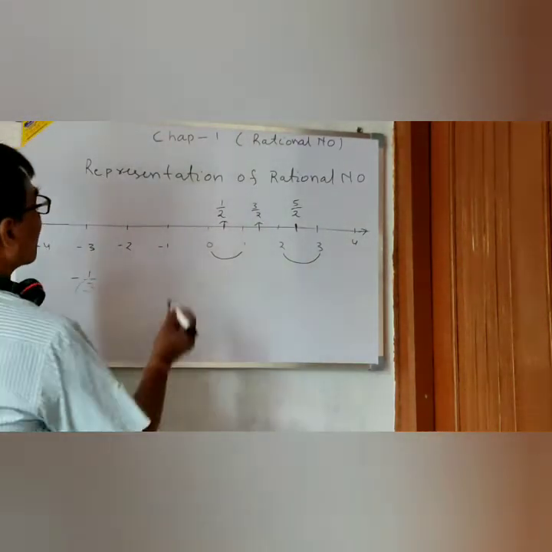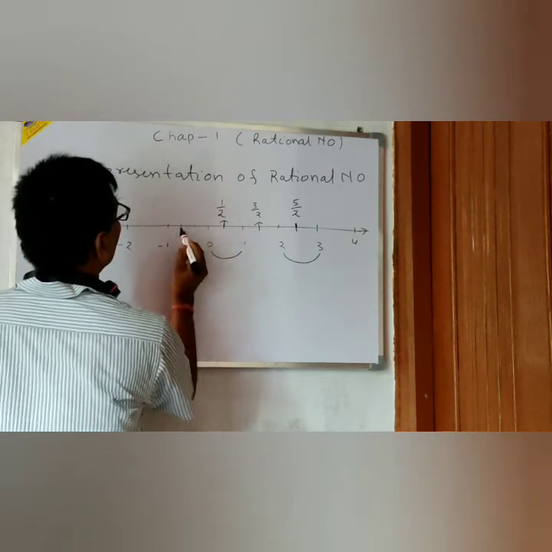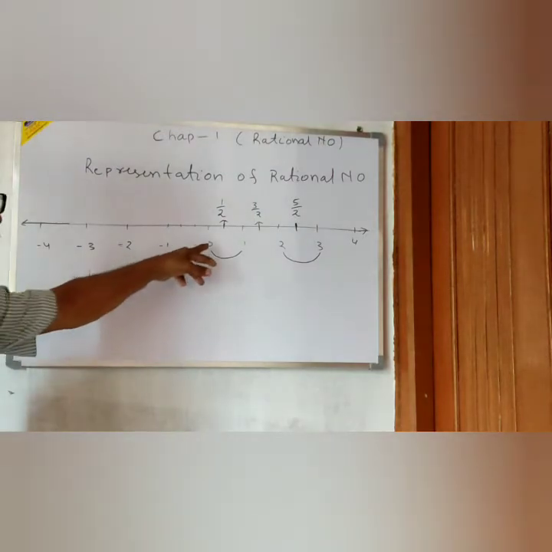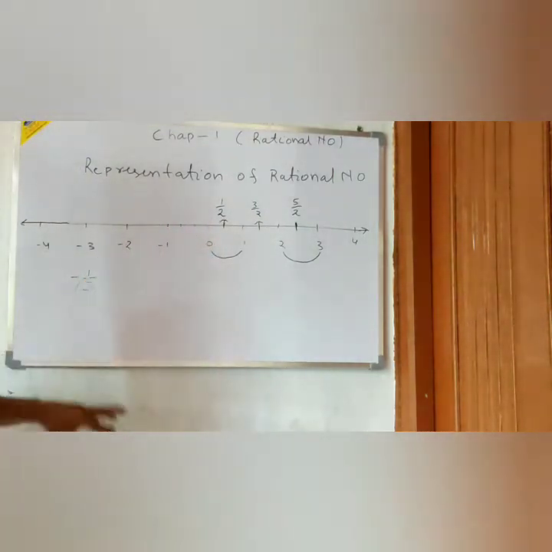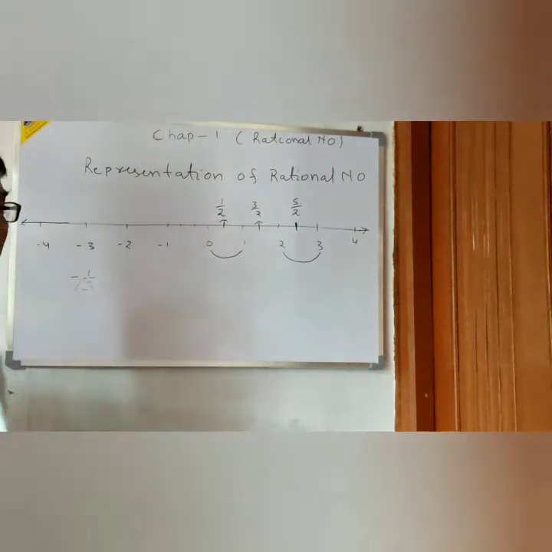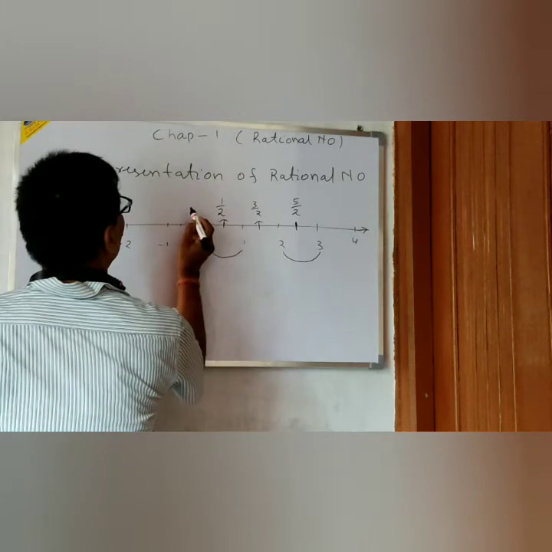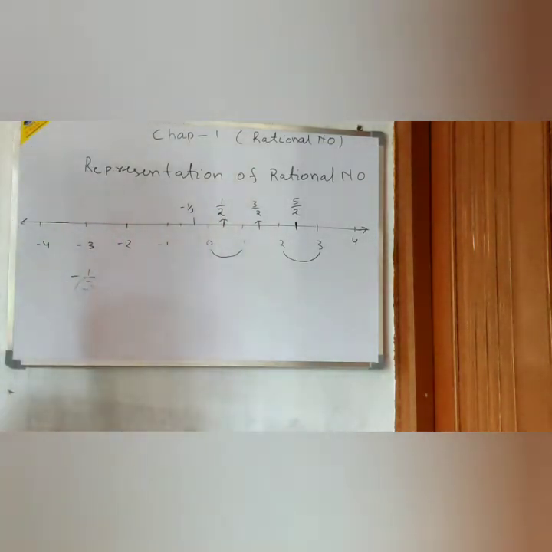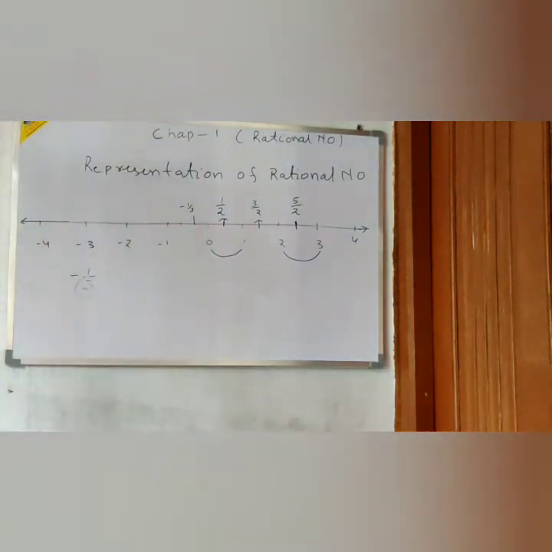So take 2 points on it. If we take 2 points equally, 0 and 1 is divided into 3 equal parts, and we have to take only 1 part. So this is the point of minus 1 by 3. Minus 1 by 3 is located between 0 and minus 1.